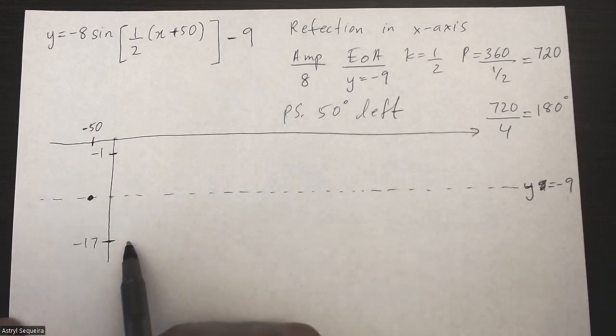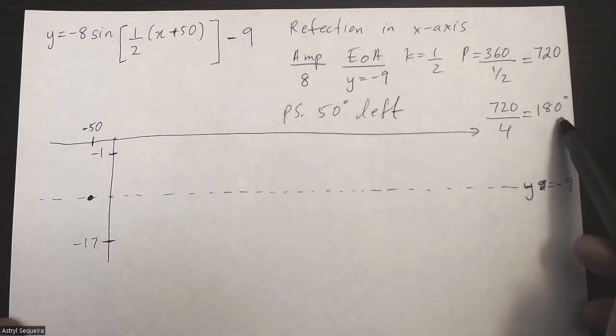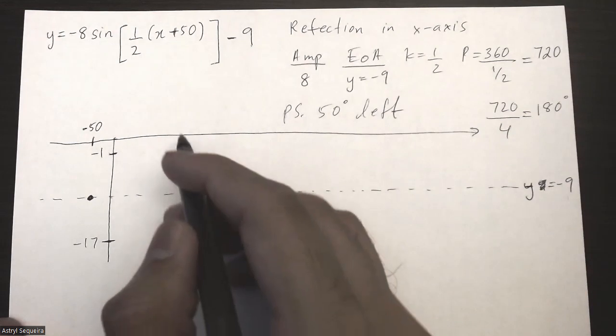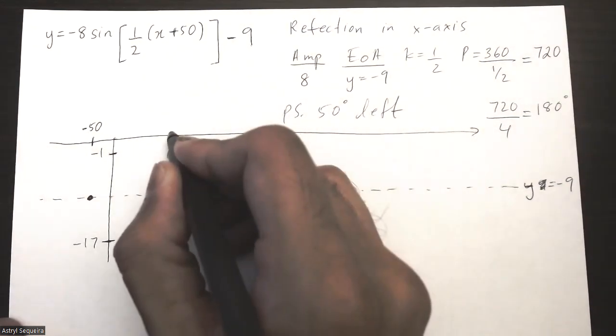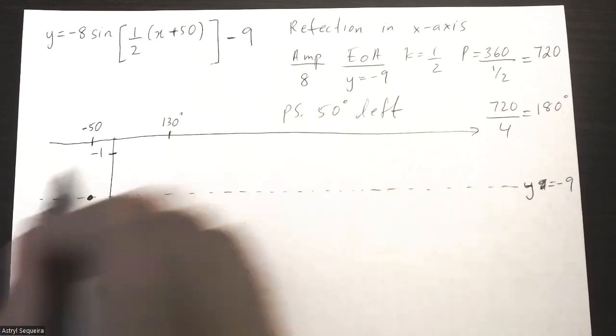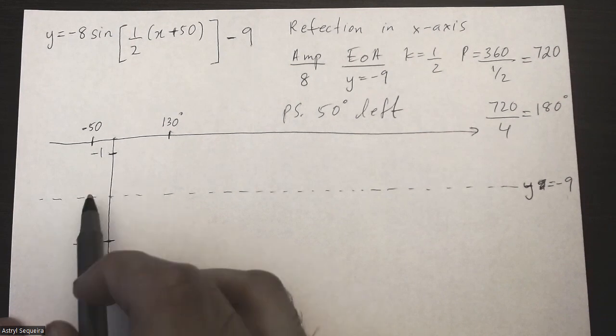My next point is going to be my minimum because this is a negative sine wave. If I add 180, negative 50 plus 180 is 130 degrees. Should probably put that a bit closer to the axis, but you get the idea.